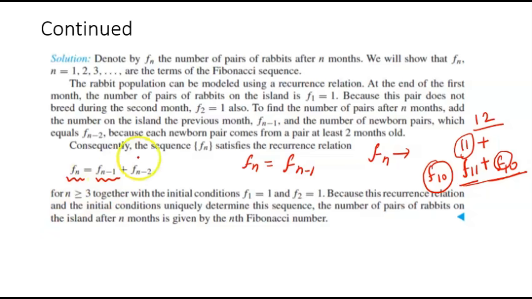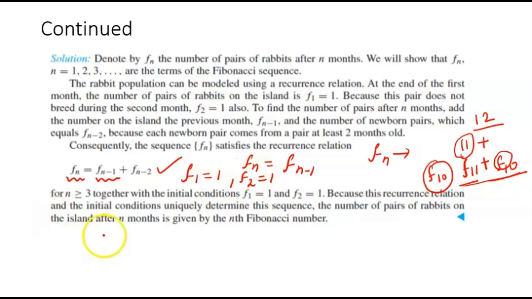So this relation is the recurrence relation. And what will be the initial condition? The initial condition will be that F1 is equal to 1 because in the beginning we just put one pair of rabbits on the island, and during the second month also that was equal to 1. So F1 is equal to 1 and F2 is also equal to 1.